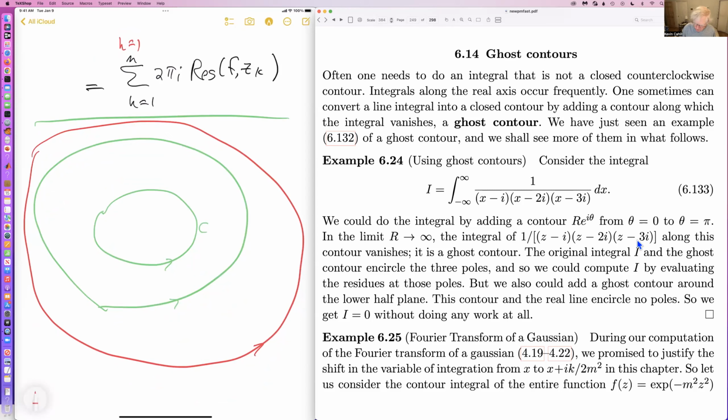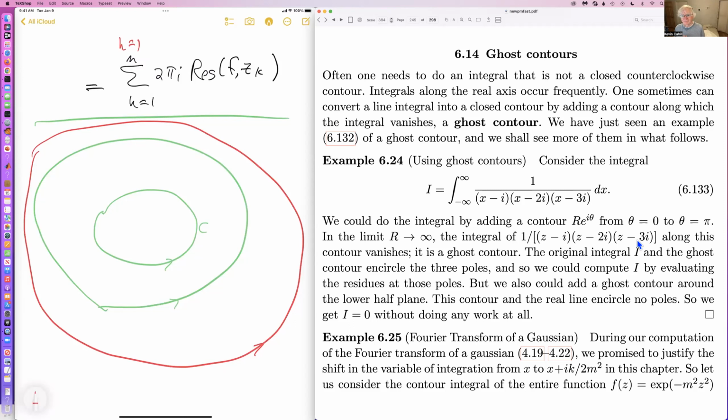See, here what I drew were closed contours. You can have an open contour on which the function, as you move it out to infinity, gets arbitrarily small. That's something I call a Gauss contour.